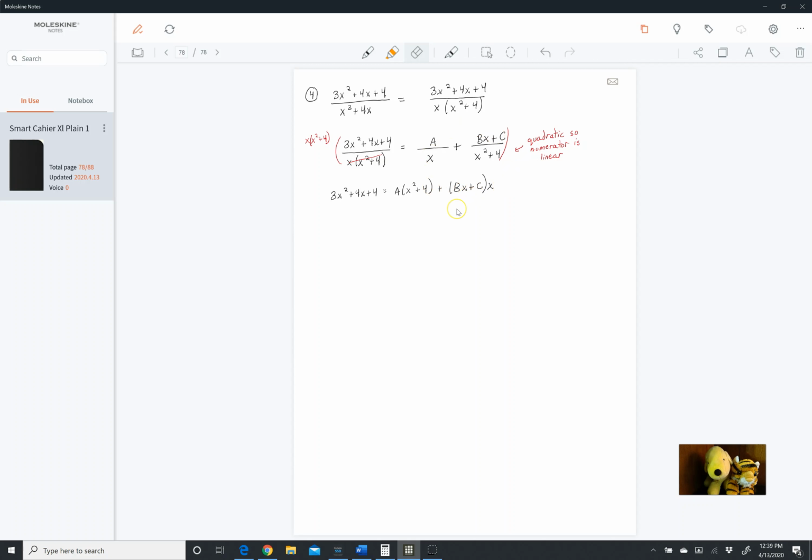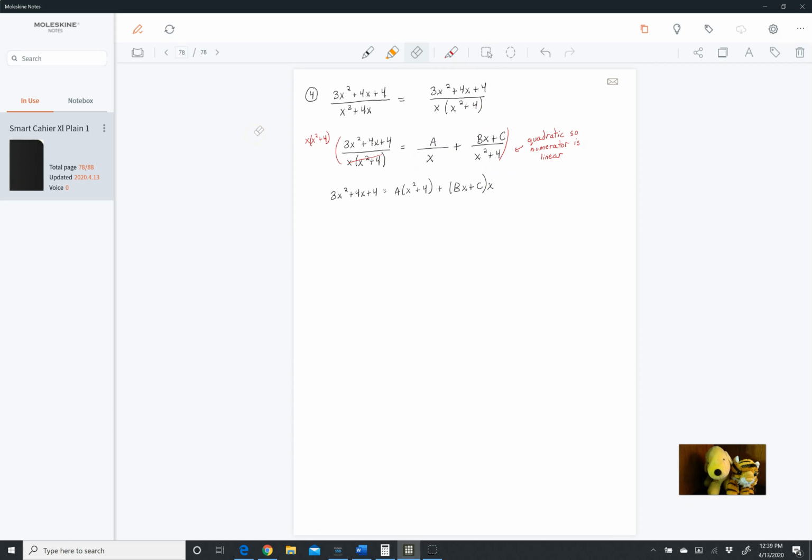So that's why we're just going to use the second method. We could get rid of the b and the c so that we could solve for a, because we can just make x 0. And then we have 0 times bx plus c, and we're left with just a. But there's no way to get rid of, let's say, the a and the b so that we can just have c left over. That can't happen, okay? So that's why we're using the second method.